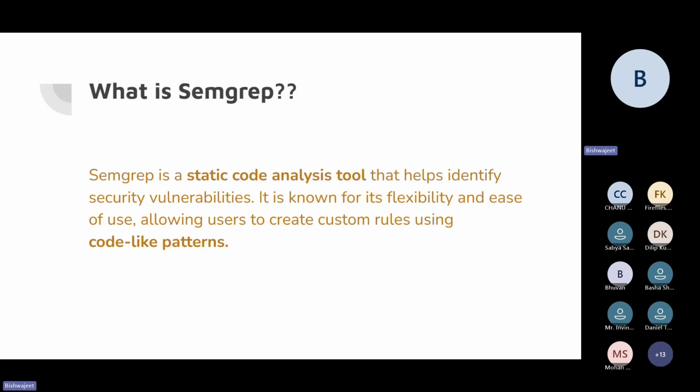Say if you know some coding, when you write code, say for basic authentication, there are some things that you write basically. Those patterns we use to check, whether manually or using a tool. So we use pattern matching to find vulnerabilities in the code.